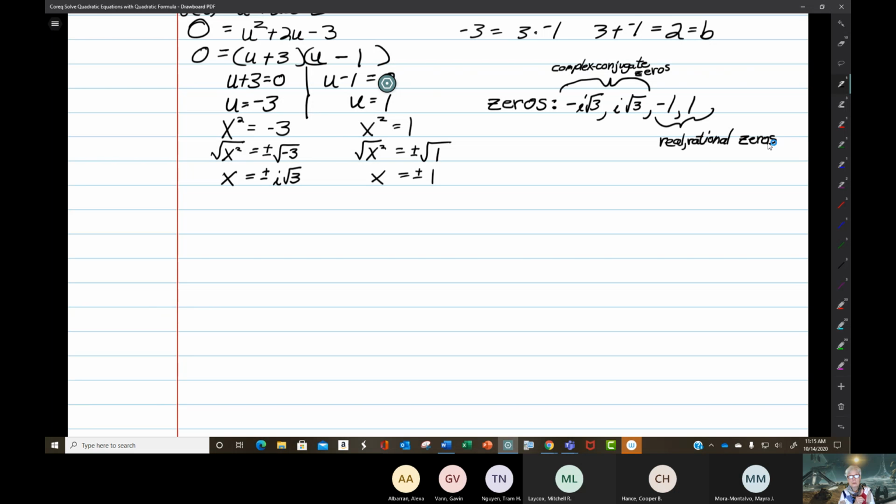Pretty cool. Now there's something else that you may find interesting. I think it's incredibly interesting. These guys do not make x-intercepts.